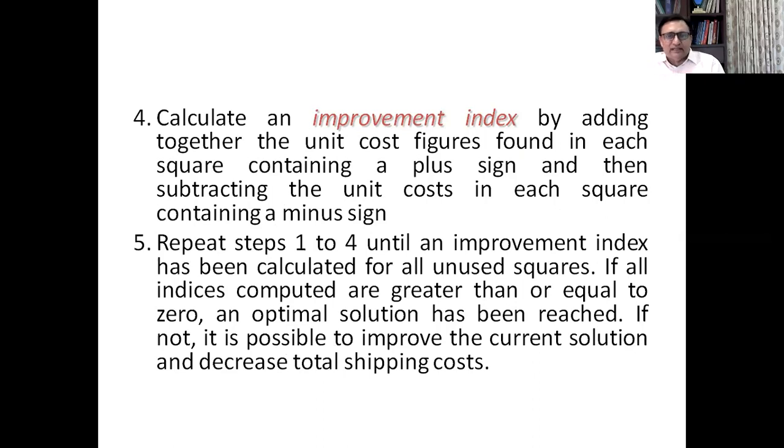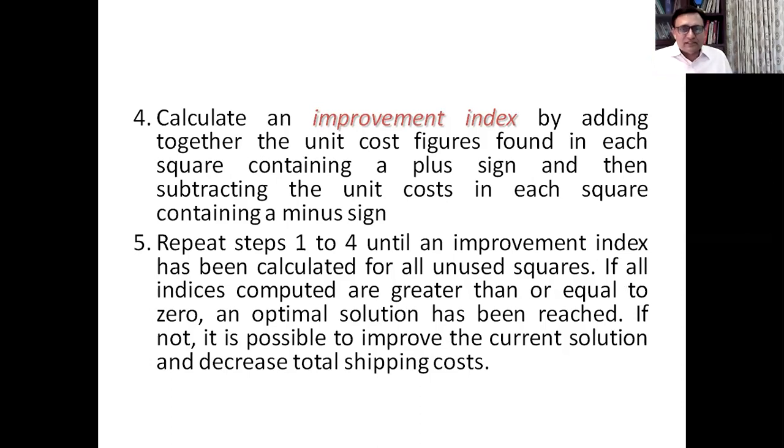Now, I have already told you in the first part of this transportation lecture that the transportation model here deals with a cost minimization problem. So if, by allocating to a particular square, we are going to decrease our cost, that means the improvement index is negative. A minus sign means reducing the cost, so we can improve the solution.